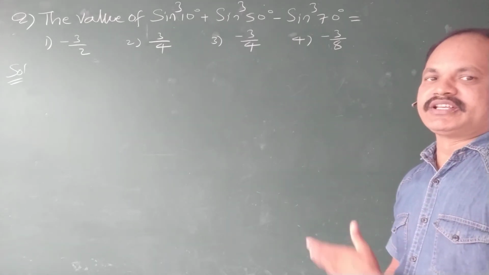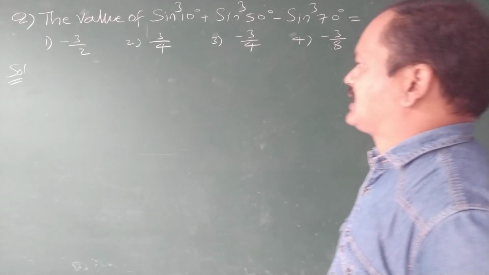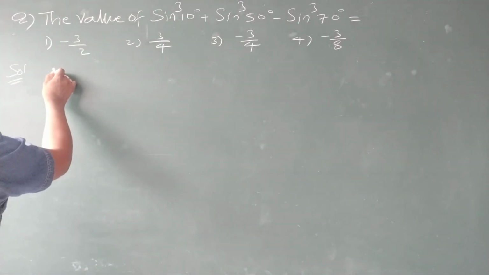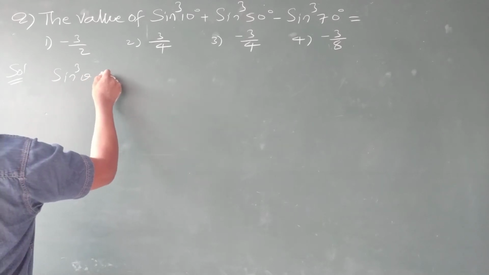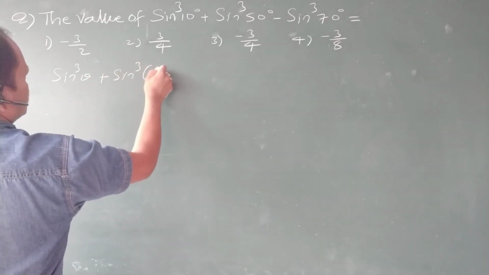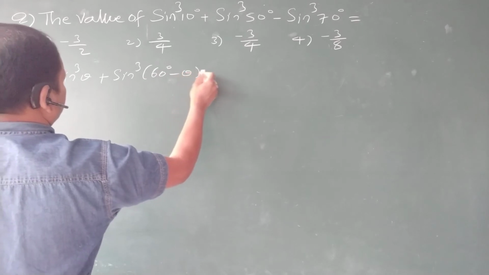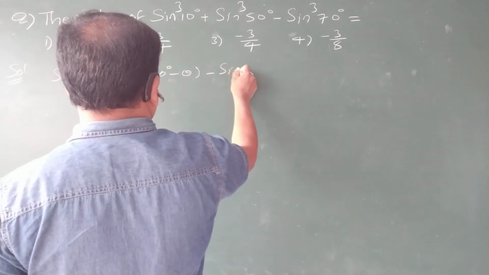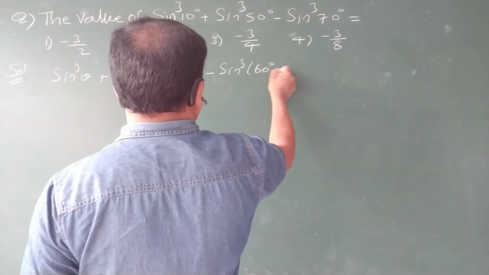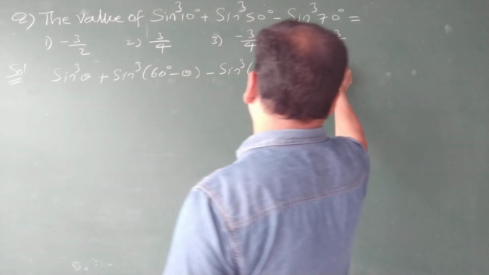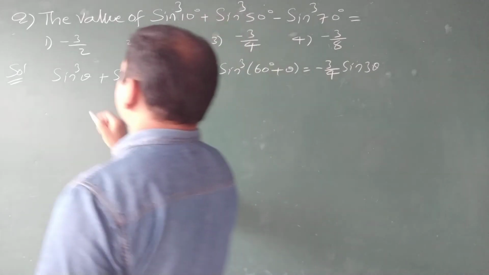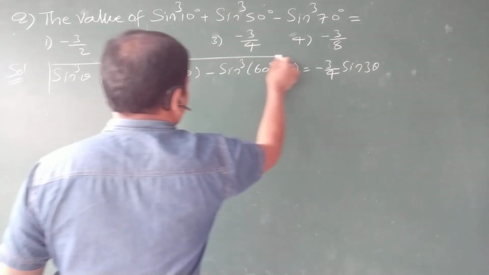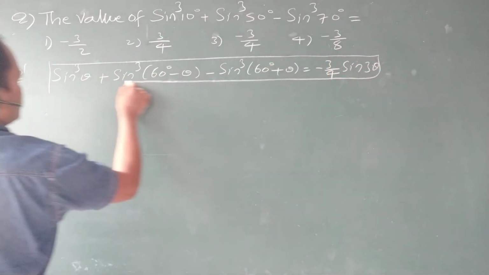This question depends upon the formula we already proved: sin cube theta plus sin cube (60 minus theta) minus sin cube (60 plus theta) is equal to minus 3 by 4 sin 3 theta.